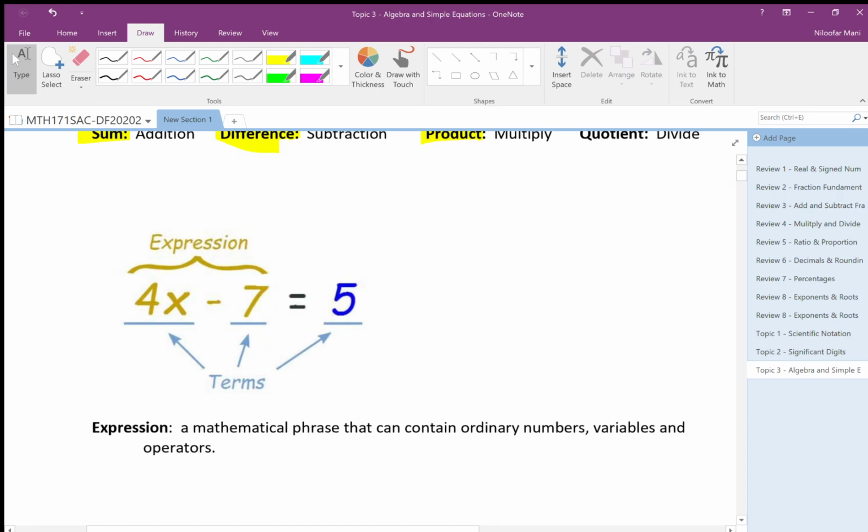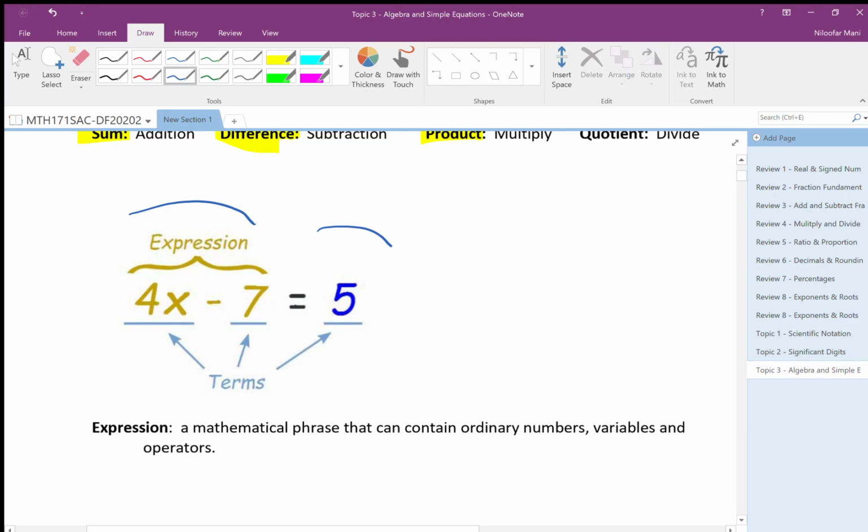I didn't create them. So in order to show you, if I have an equation, I accept that the left side equals the right side. In each side I have an expression.